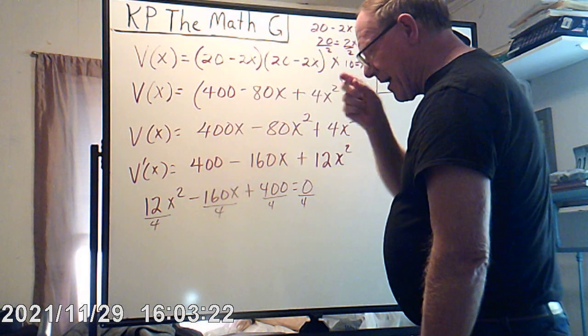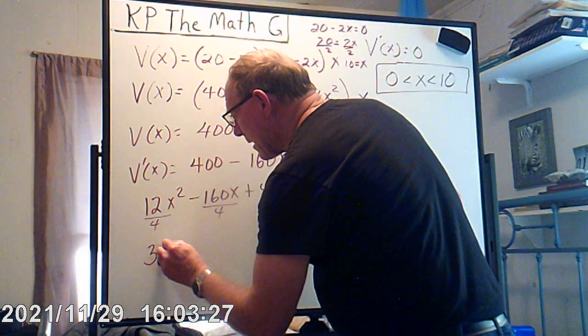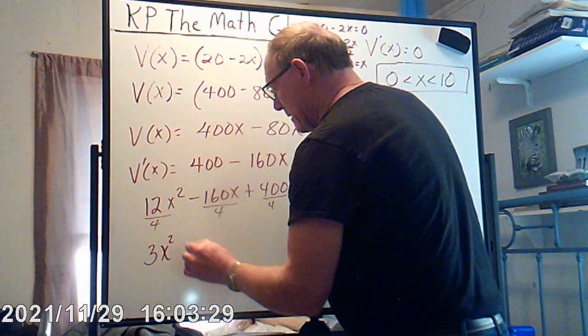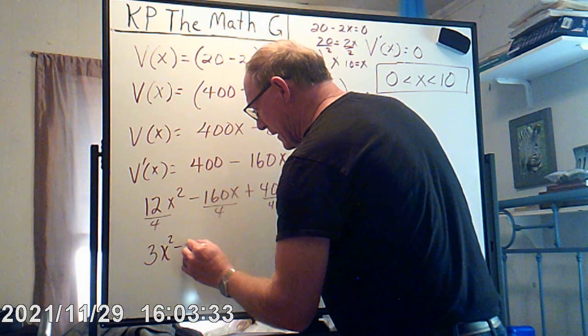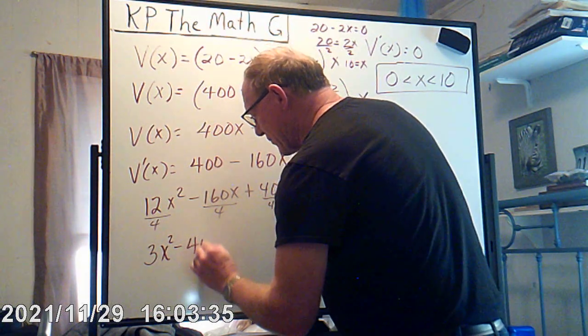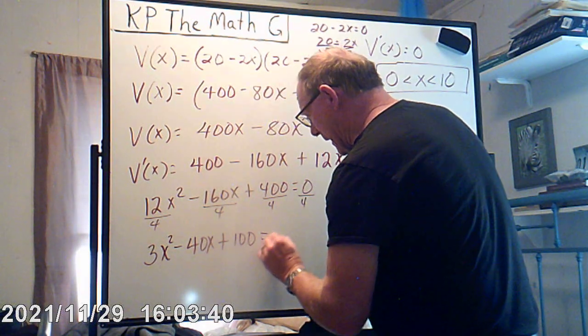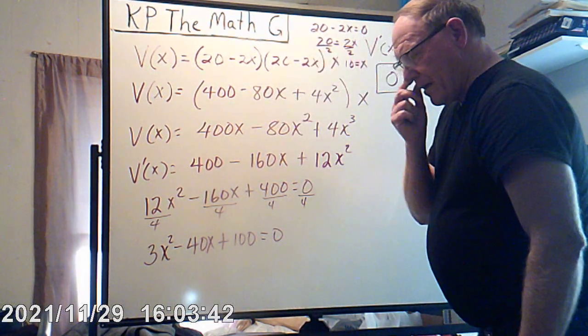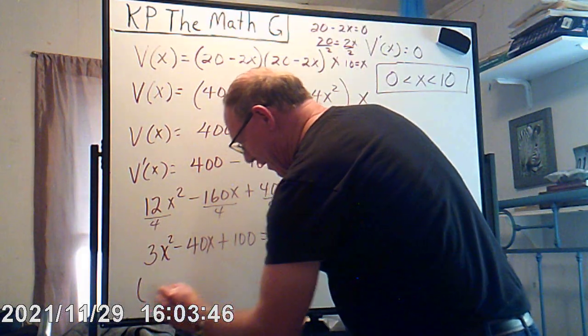That's going to make this 3x squared minus, 4 times 4 is 16, so 40x, and then plus 100 equals 0. And then after factoring this, I found that we can do this now.